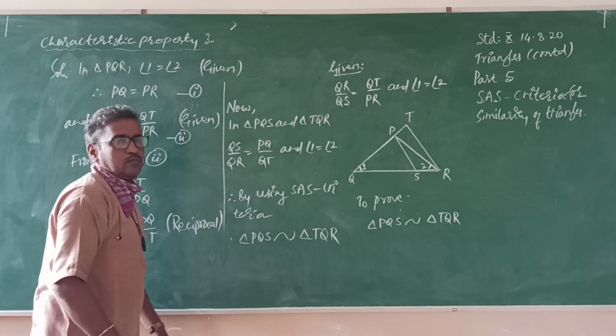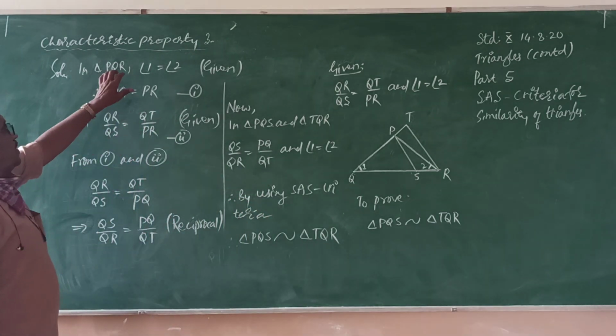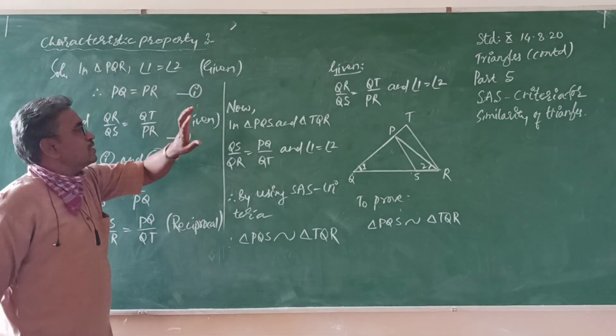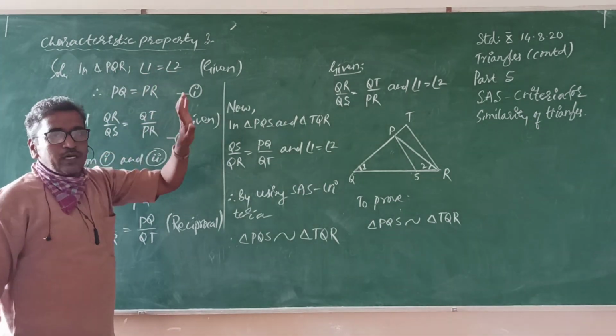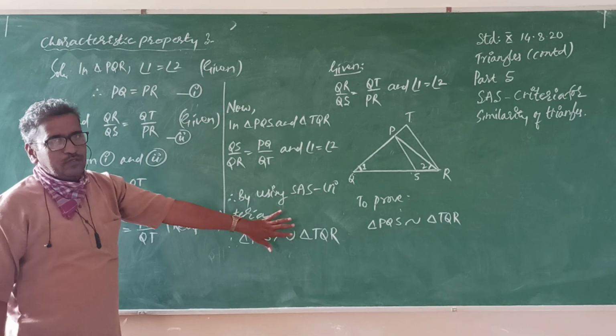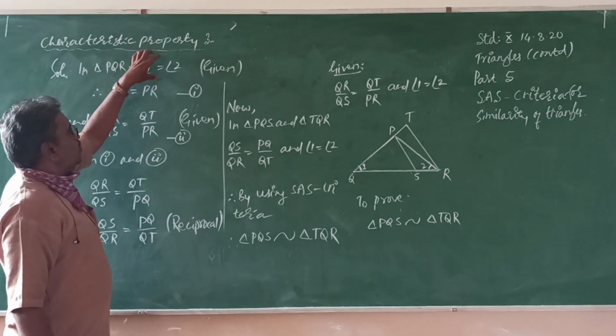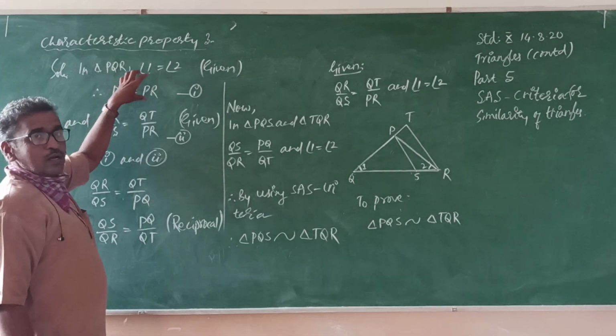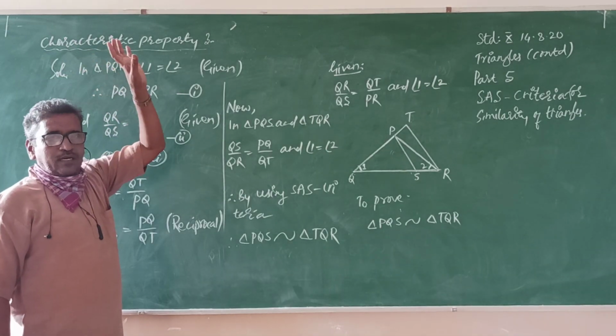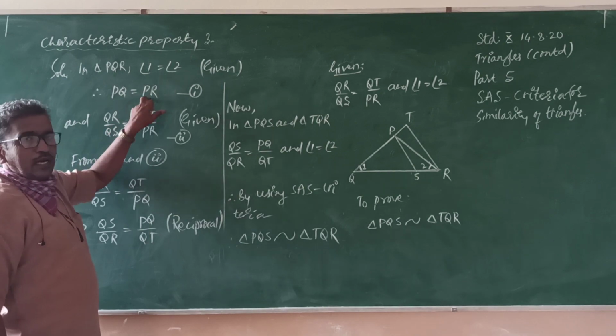Be very careful about the given information. Here angle 1 equals angle 2; if 1 is not equal to 2, there is no question. We used the already studied property that sides opposite to equal angles are equal.